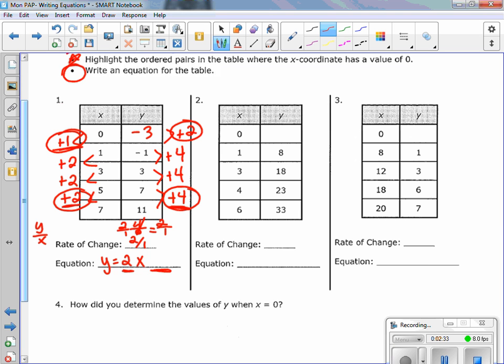The other part comes from the third step. It says highlight where it's 0. Where it's 0 is minus 3, and that's what goes there.